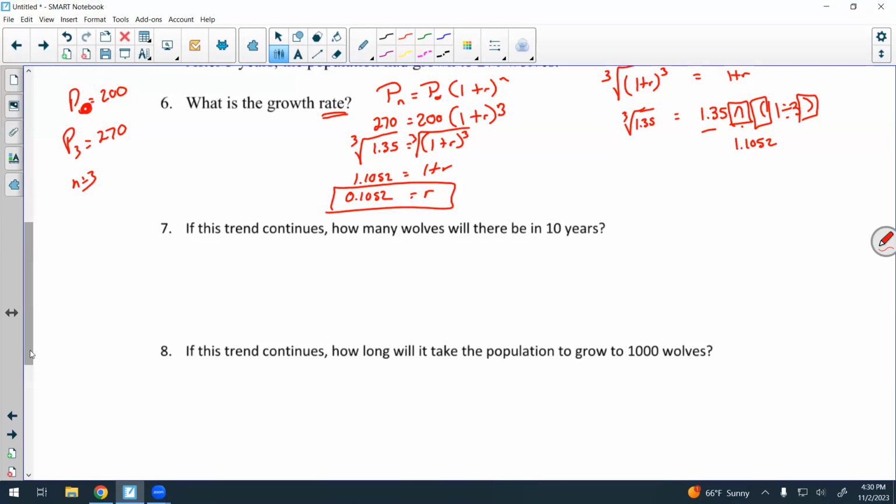How many wolves will there be in 10 years? So now I know P sub 0 is 200. I know r is 0.1052. And I want to know for n equals 10. So P sub 10 equals 200 times 1.1052 to the 10th power.